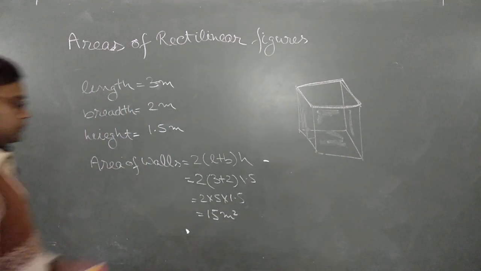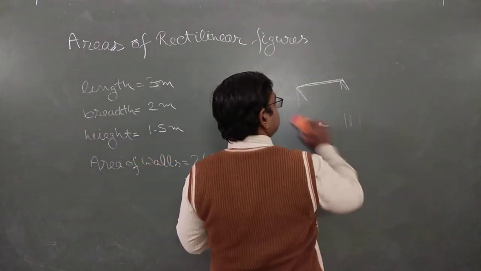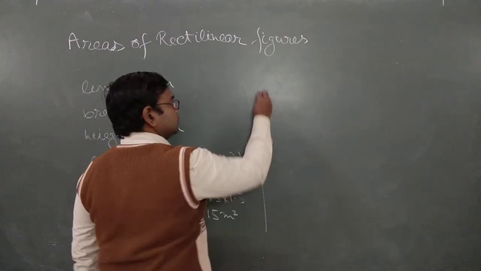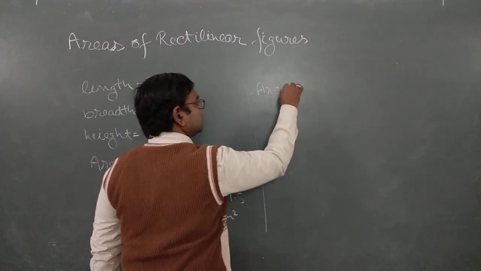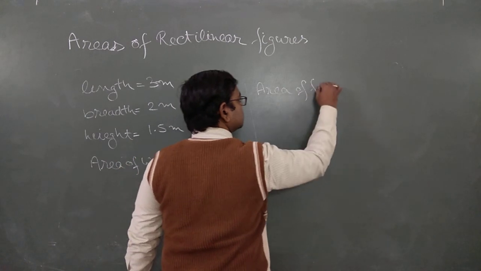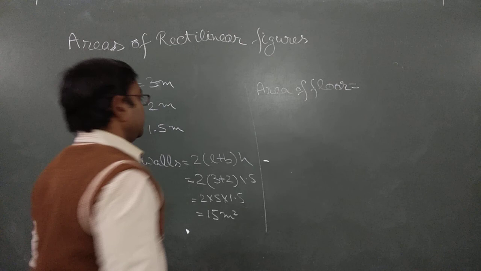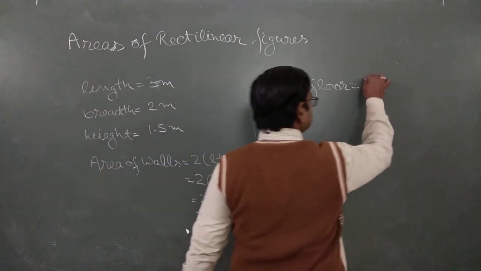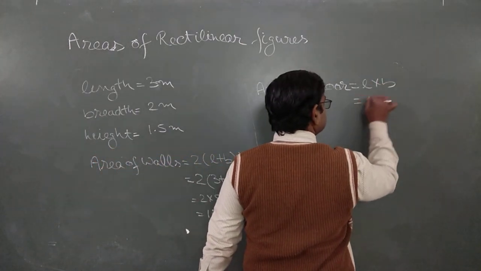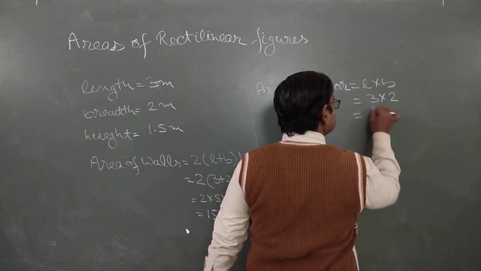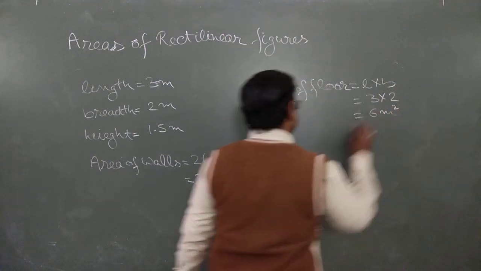Let me rub the figure. Area of floor equals L into B. It's 3 into 2, 6 meters square.